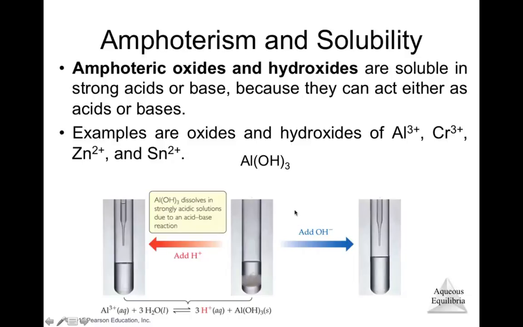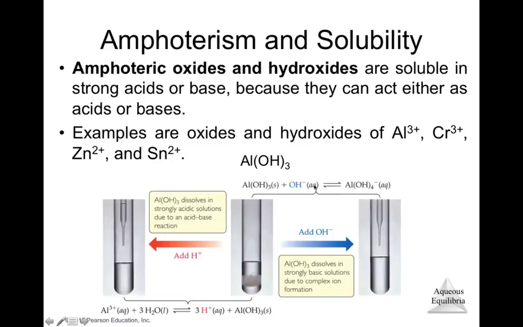Adding a basic solution also makes this aluminum hydroxide soluble, and this is all because of the complex ion formation. So the aluminum hydroxide reacts with OH, producing the complex ion. And this complex ion, as we saw before, also increases the solubility of a compound.